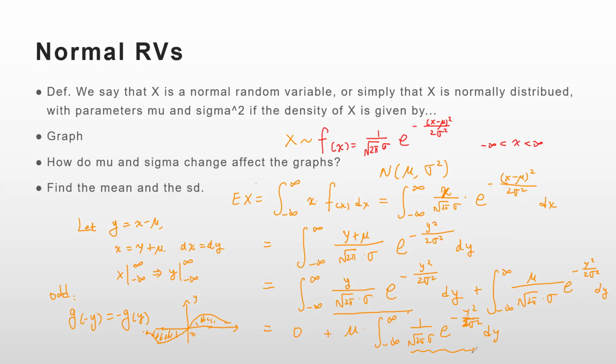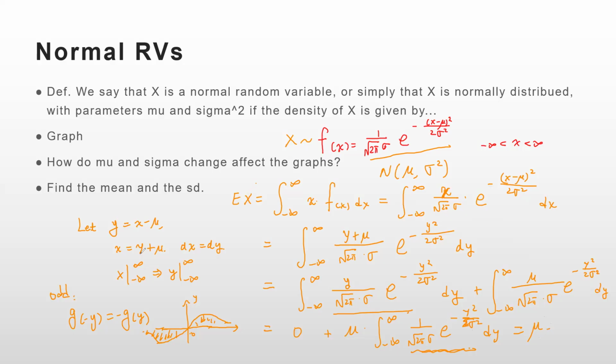This is actually a density function, the density function for a normal distribution with mean zero, with mu zero. You just look at this density and let mu equal zero, you would get this thing. You integrate from negative infinity to infinity, you get one. So this is mu. So we proved that the mean is mu.